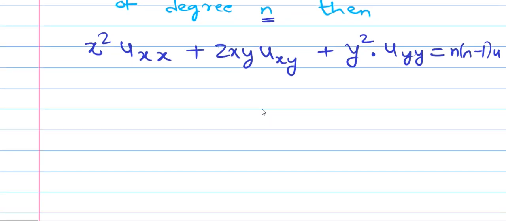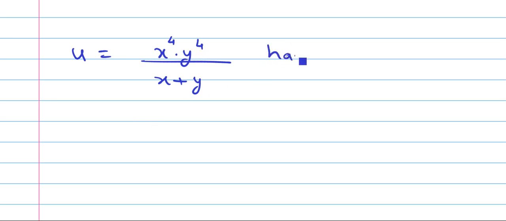Okay, so let's look at the question. Suppose u equals x raised to 4 times y raised to 4 upon x plus y. It is a homogeneous function of degree 7, because the numerator has degree 8 and the denominator has degree 1, so it becomes 8 minus 1.